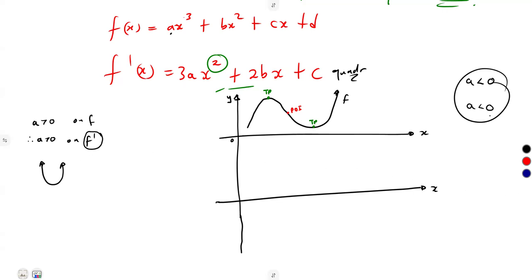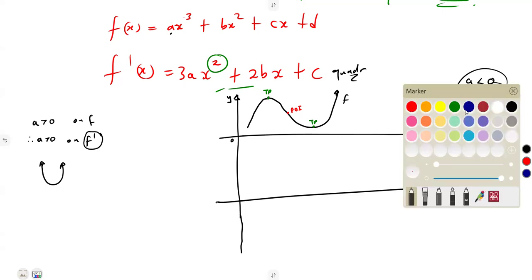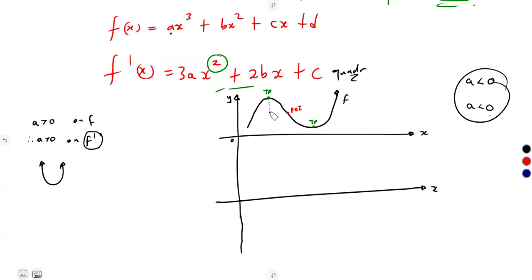So it follows that the turning points correspond to the x-intercepts of the quadratic function. The turning points, they correspond to the x-intercept of the quadratic function on the first derivative.